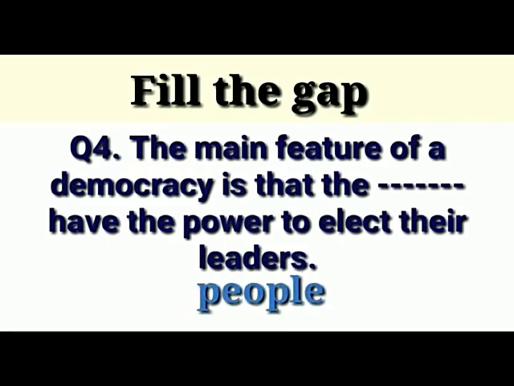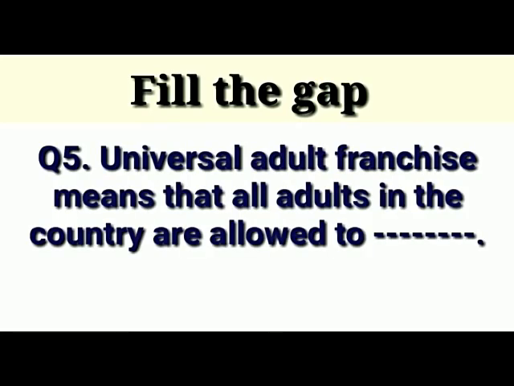Answer is people. People have power. Next question is universal adult franchise means that all adults in the country are allowed to dash. Answer is vote.